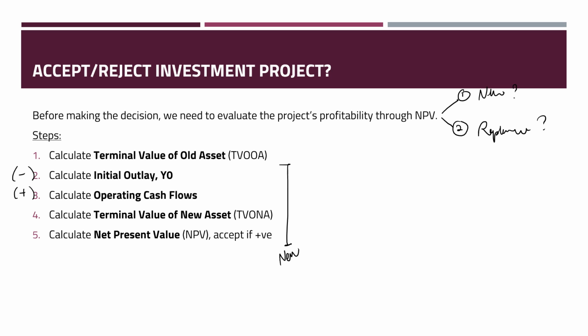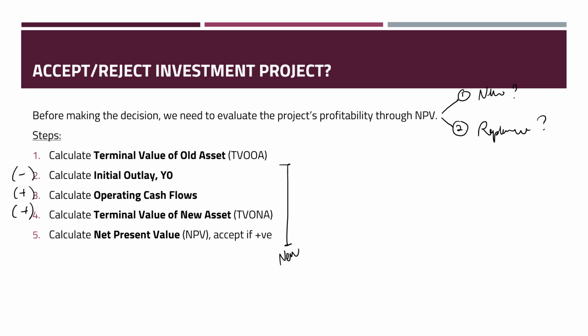Let's say the machine has a lifespan of 5 years. So at the end of that 5 years, when we dispose of it, how much proceeds do we make from it and how much tax do we pay or save from that disposal? So this is money that comes in at the end of its life.